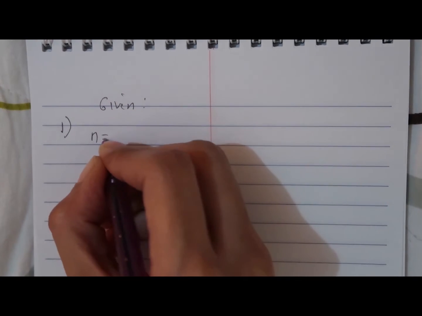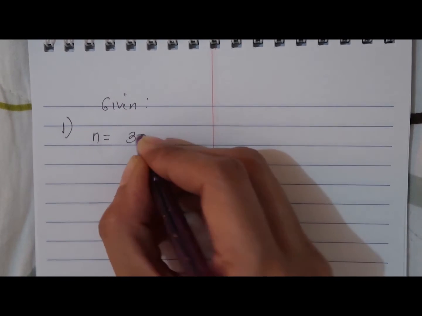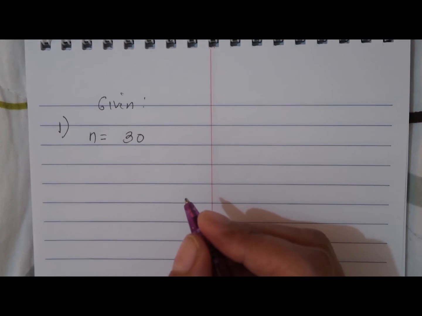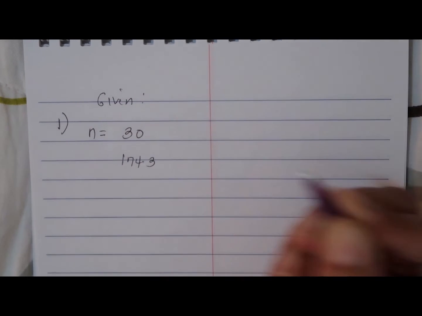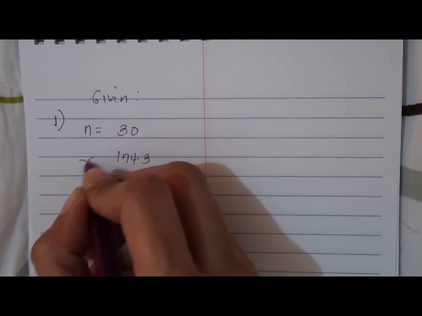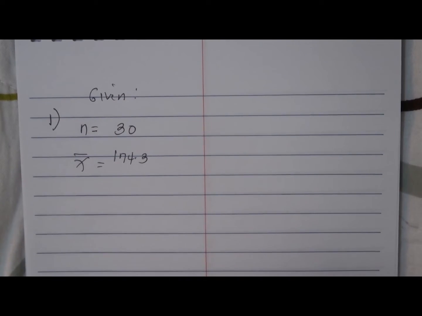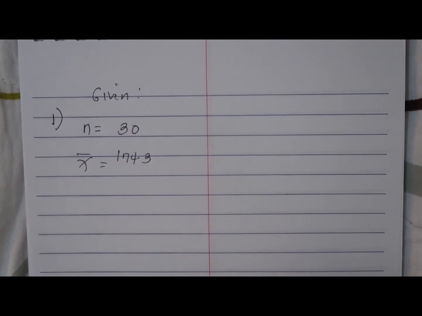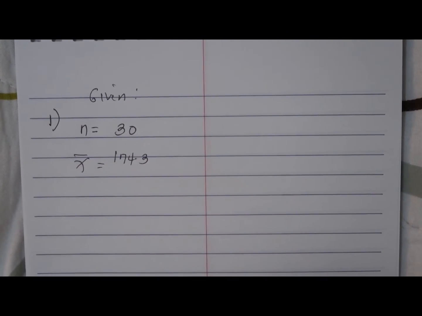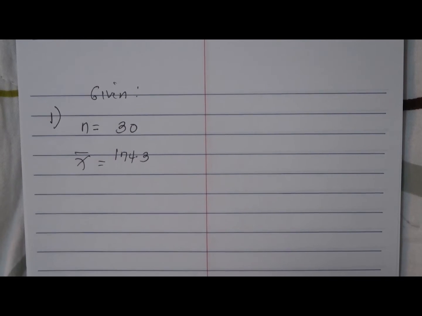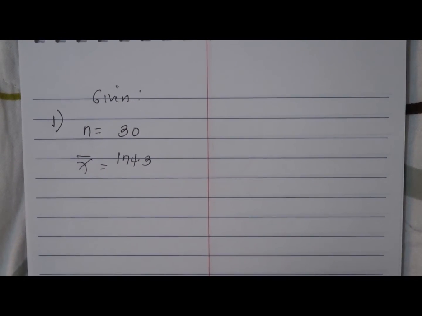So, you do have n, which is 30 emergency room patients. And then what is 174.3? That is your sample mean. Why is 174.3 your sample mean? Because you are referring to the 30 emergency room patients found that the average waiting time for the treatment was 174.3.